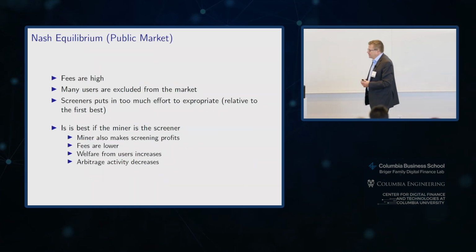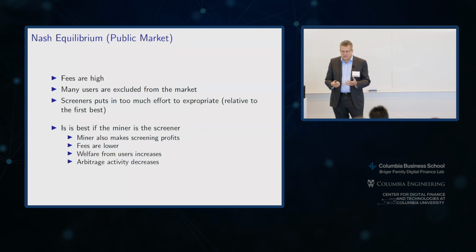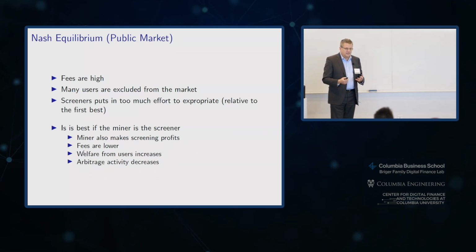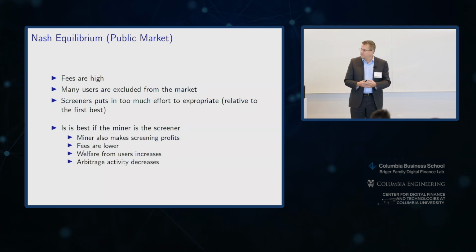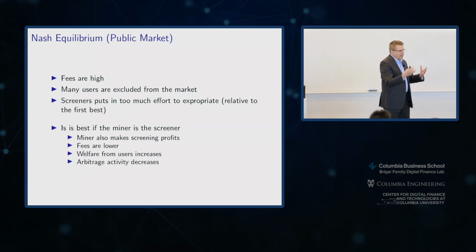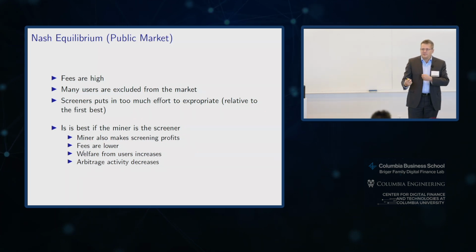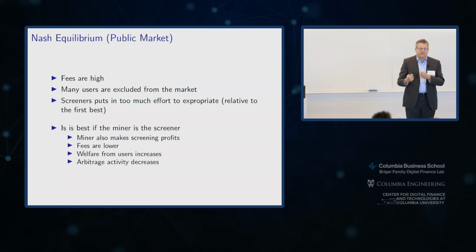In the public market, the fees are high. Many users are excluded from the market. So this is not going to work well. It's better if the miner is the screener, because then the miner at least gets some screening revenue, and uses that to cross-subsidize or lower the fee a little bit so that the ordinary users can participate.